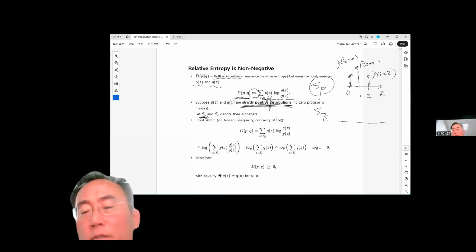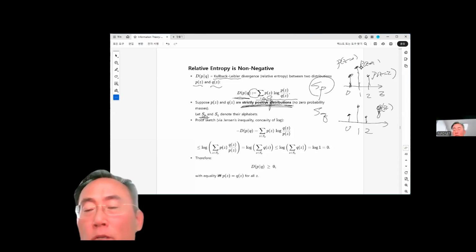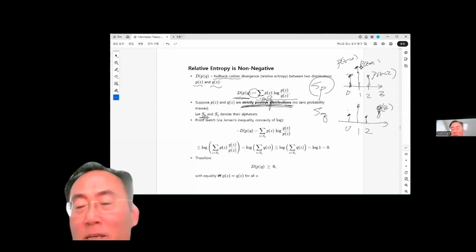And another one is Q(z). So these two in general are different, right? For example, here is 0.1, 0.5, 0.4, and here maybe 0.2, 0.3, 0.4, 0.4, like that.